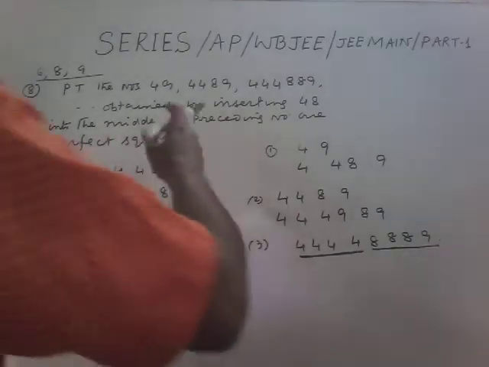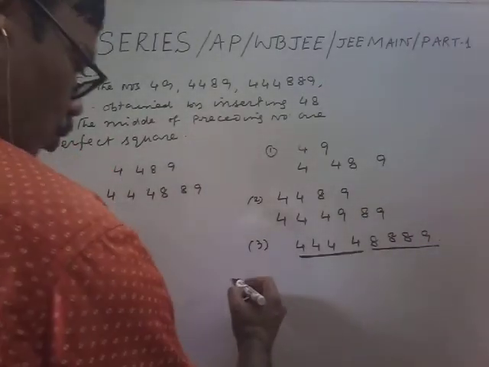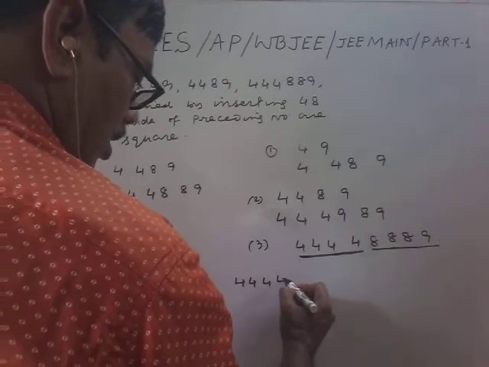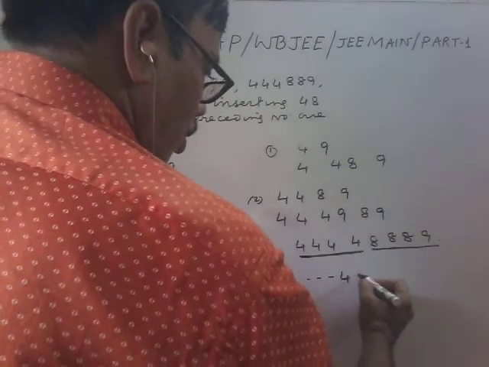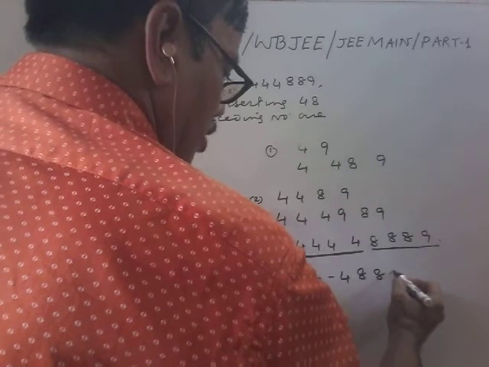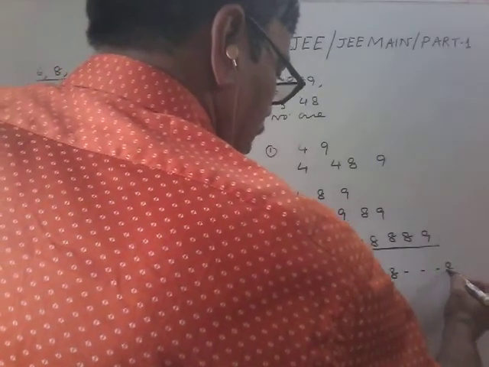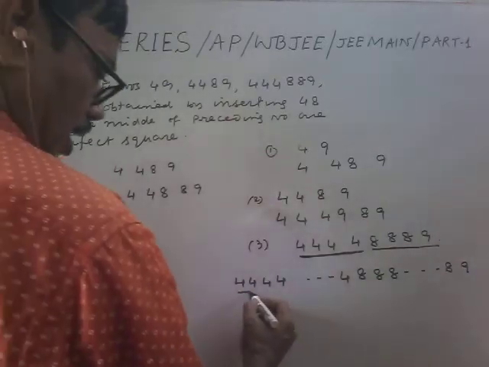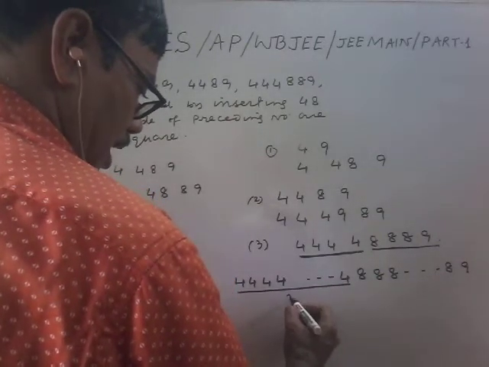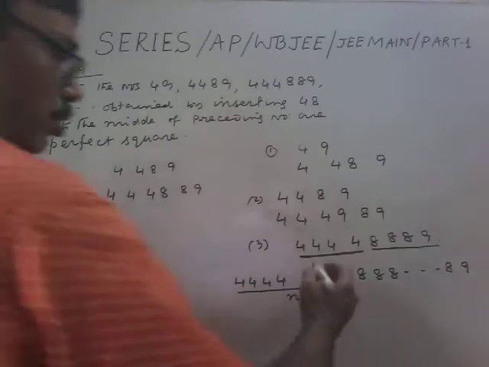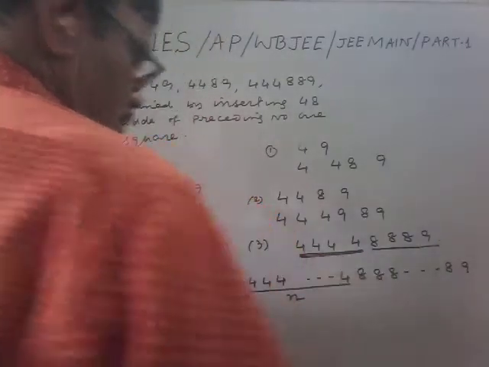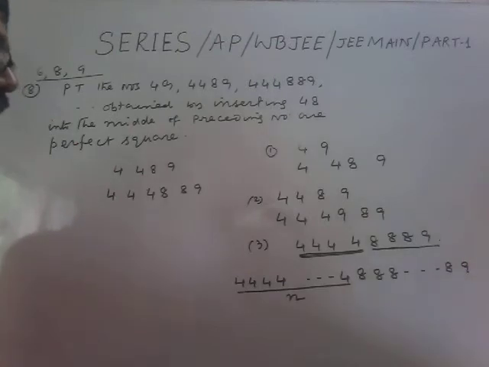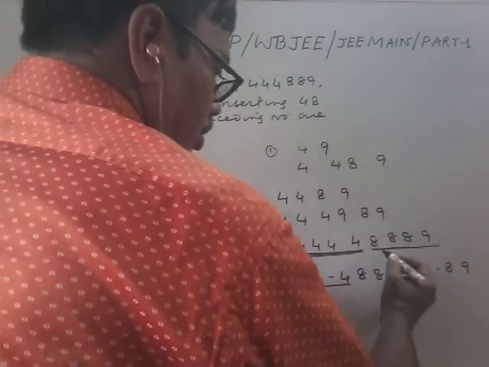If we proceed in this way, we get the number 4, then 888, look at this step, 9. So if there are n number of 4s, then how many 8s?